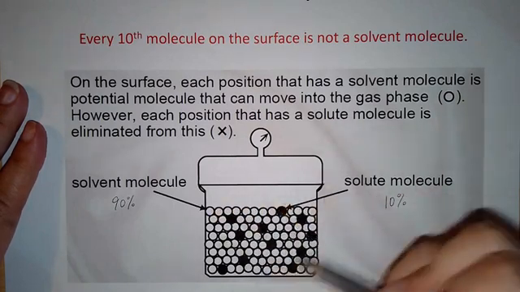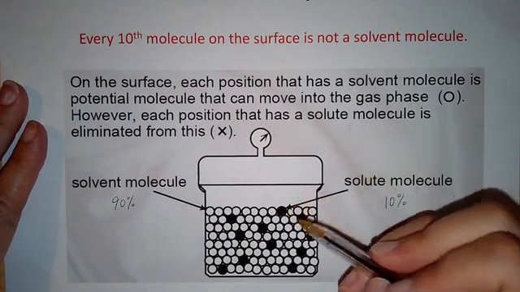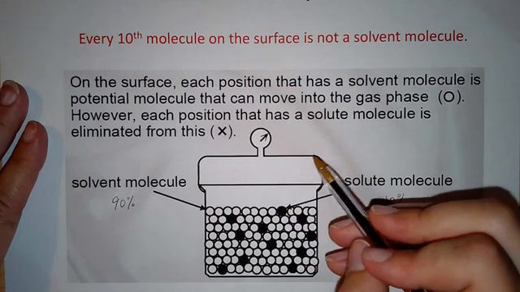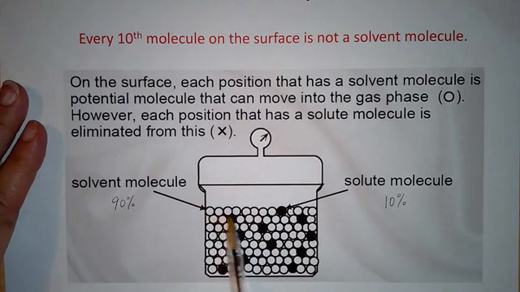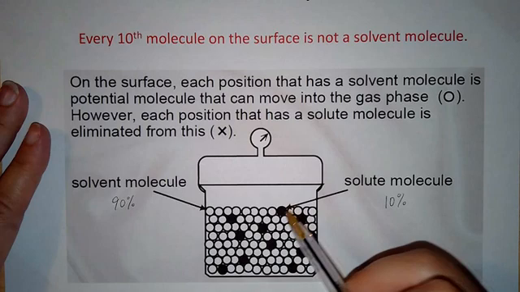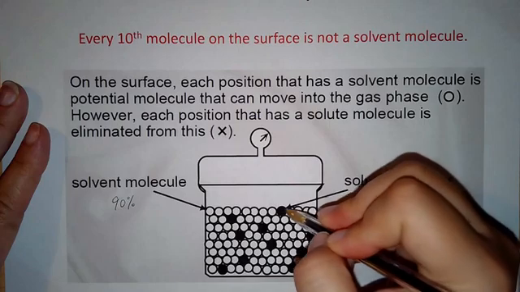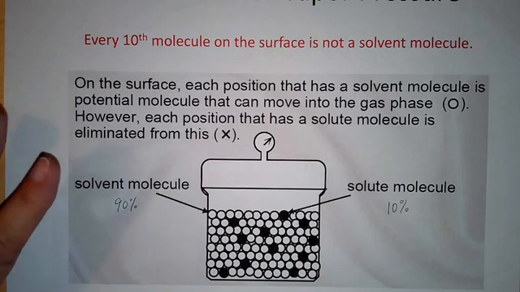When we have a solution that contains solute molecules as well, the solute molecules prevent solvent molecules from vaporizing because they're taking up space. In this case, all of the white circles can vaporize because they're part of the solvent. The dark circle cannot vaporize because it's a solute molecule. Since it's taking up a spot from a solvent molecule, it prevents that molecule from vaporizing, thus lowering the amount of vapor pressure available.